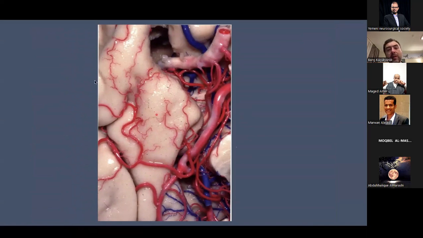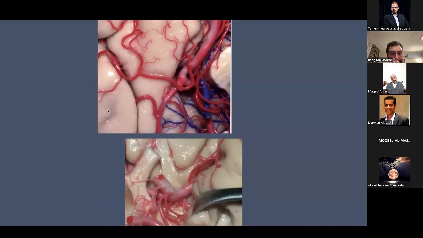I can basically say the anterior choroidal artery is the main supplier of the uncus, and the posterior cerebral artery is the main supplier of the parahippocampal gyrus and the rest of the mesial structures. Here we see an inferior temporal artery coming out of the posterior cerebral artery.